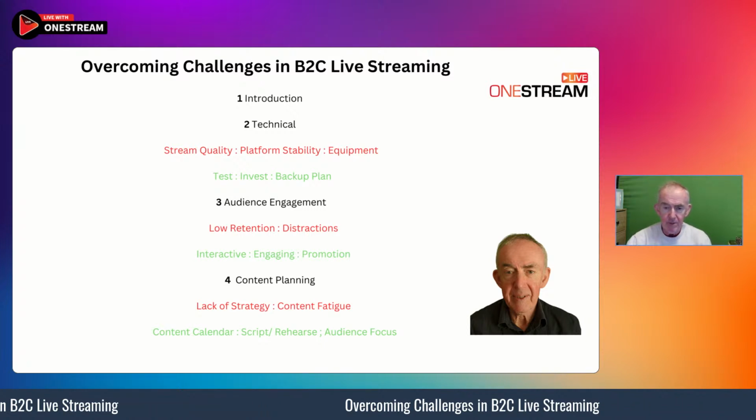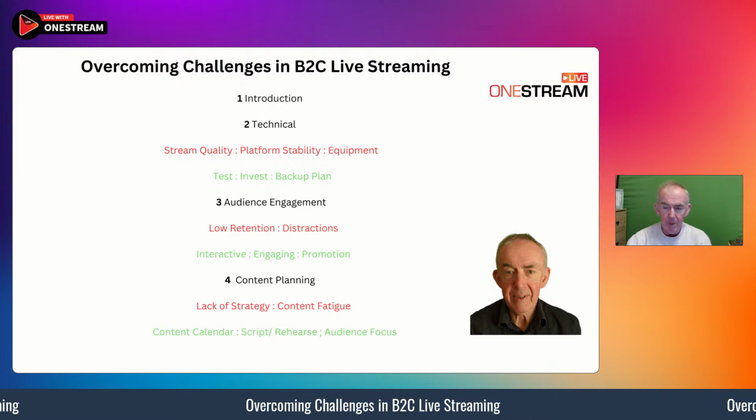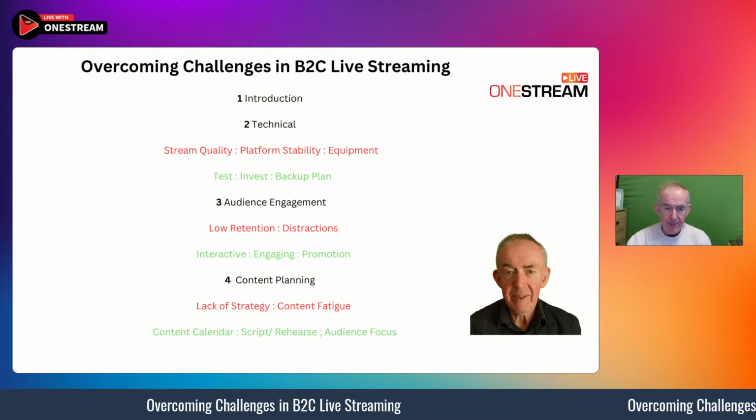Now, the first of those is the quality of the stream. Today, people expect a stream which is of high quality. Now, it's high quality with regards to the video and the audio. And this is all about cameras and microphones and broadcasting in 1080p.